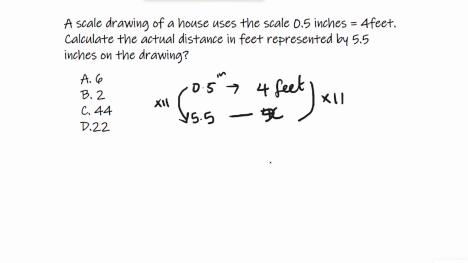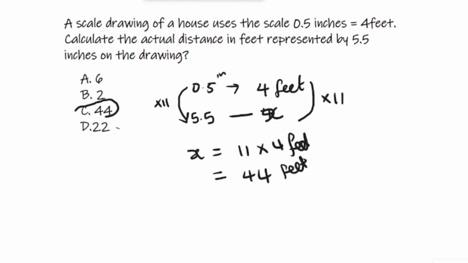So x is equal to 11 times 4 feet, which means that x is equal to 44. So the actual distance in feet represented by 5.5 inches is 44 feet. This is the correct answer.